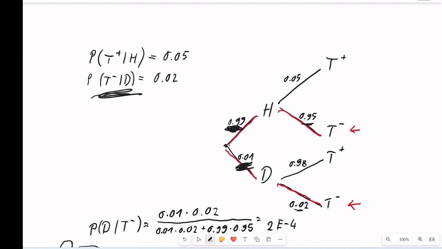You may very well have values on how good your test is, or some very good estimates of this, but you might not know how many healthy versus diseased individuals you have, because this is exactly why you're performing the test. And you can still use what I presented before.